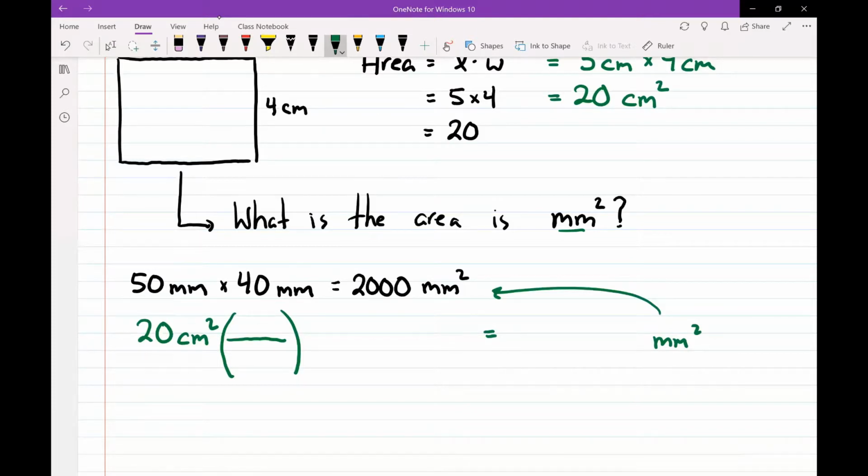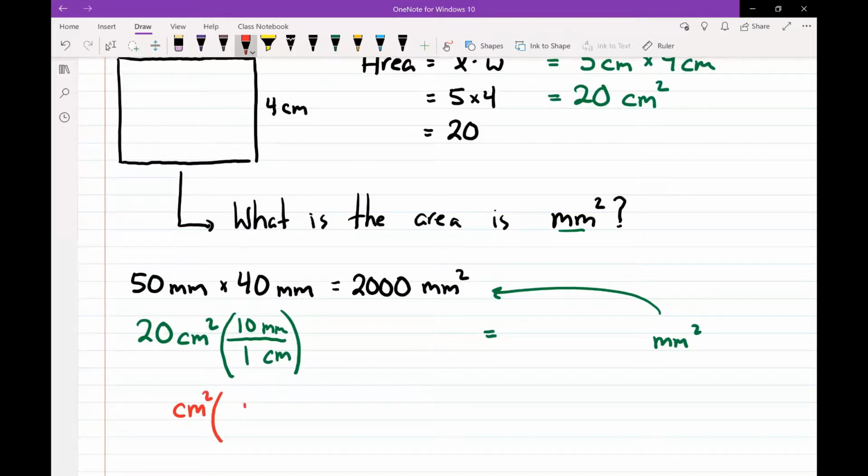So when I look at this, I could think, well, okay, I know centimeters and millimeters, they're related to each other. So I could write a conversion factor for that, where every 1 centimeter is the same as 10 millimeters. Now, if I just did that multiplication, I wanted to show what you would get here.